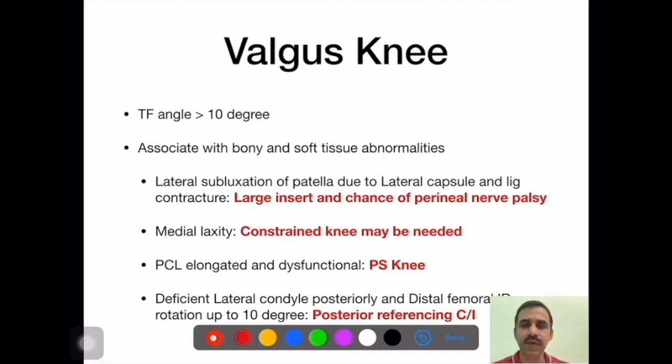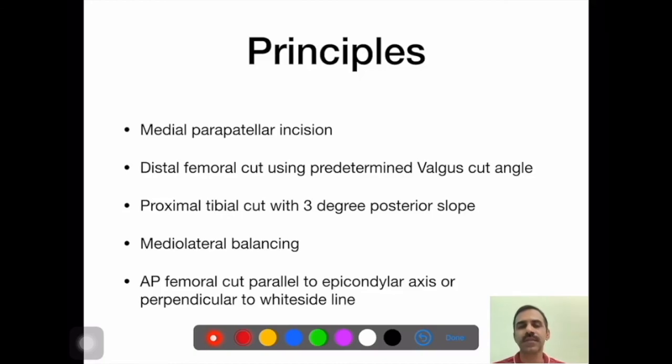Deficient lateral condyle posteriorly and distal femur internal rotation of up to 10 degrees make posterior referencing difficult, and it is in general contraindicated. In general, the principles are we use a medial parapatellar incision, and the distal femoral cut using a predetermined valgus cut angle is done.